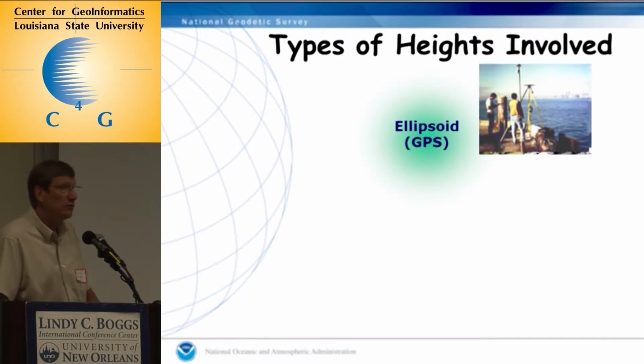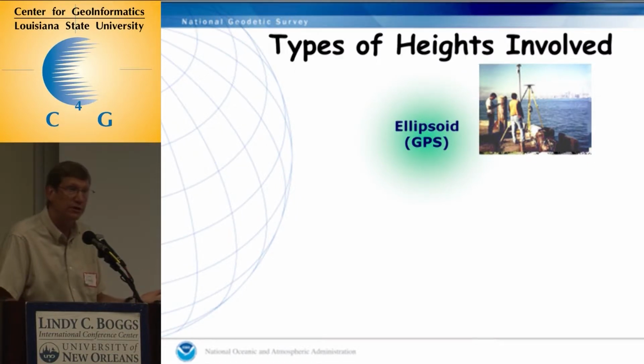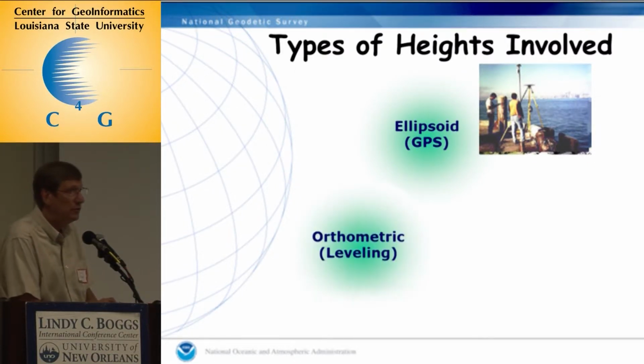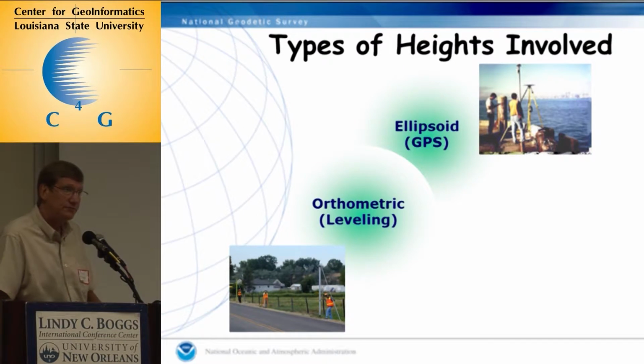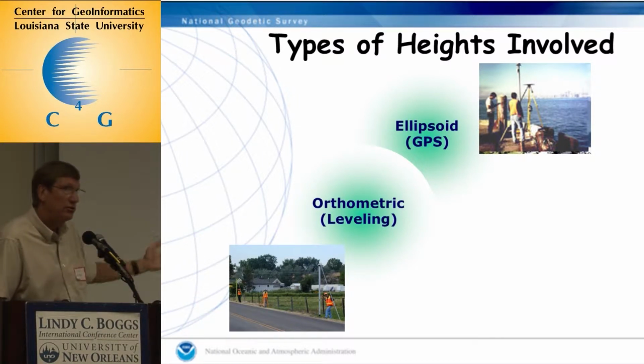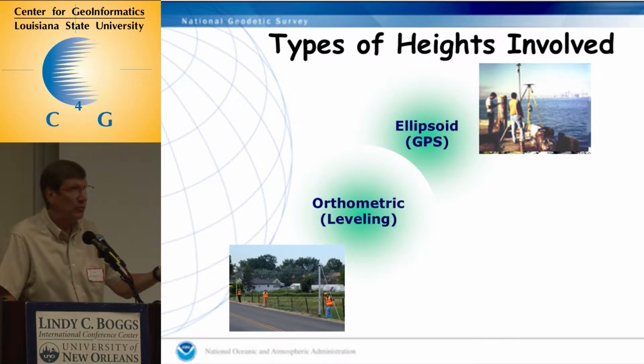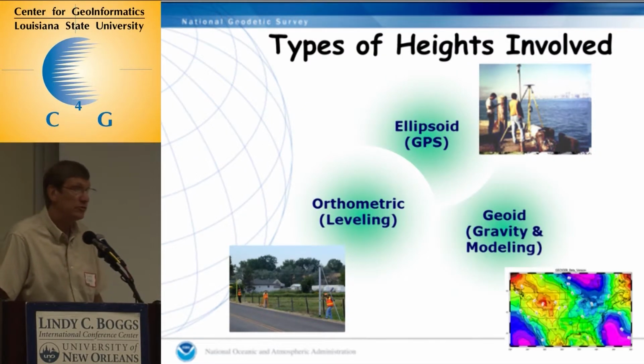All right, ellipsoid heights. I think everybody understands that's what you get out of GPS now. But when you're done with it, you collect this data, you put it in the software. A lot of times what people are coming out with is they're giving them orthometric heights. So if you don't understand that GPS just gives you the ellipsoid height, and then something else has to be applied to it, the geoid model, then you're getting that result without understanding all the parameters going into it.